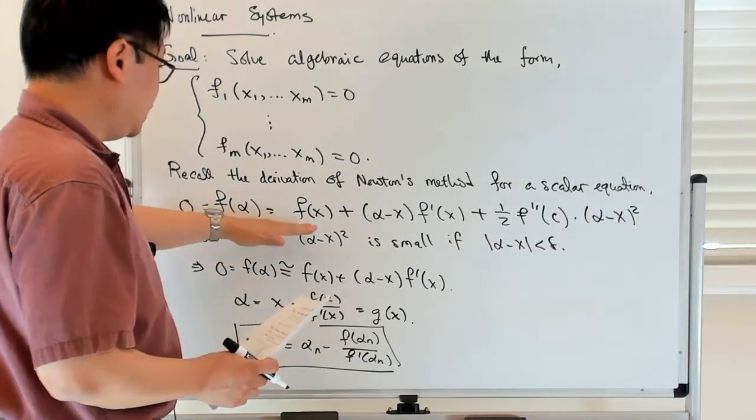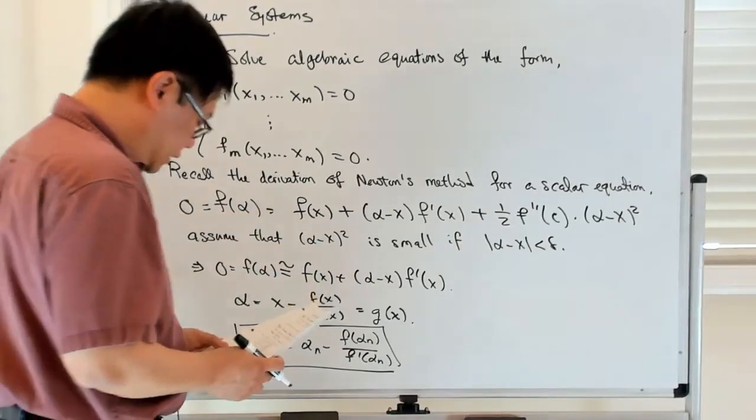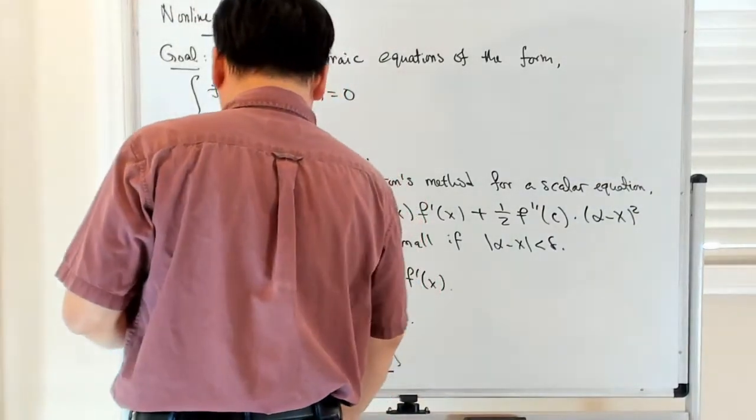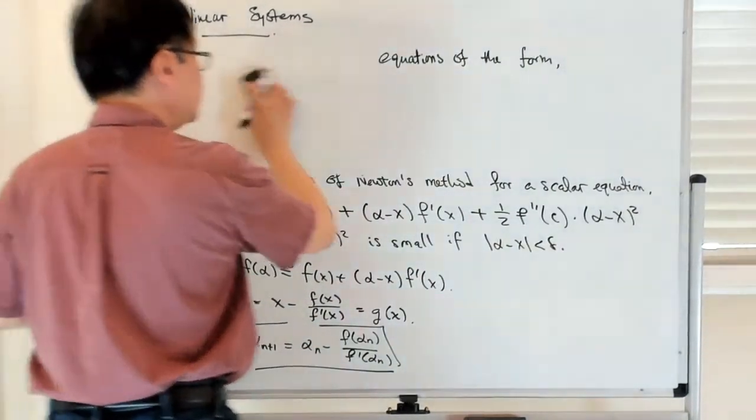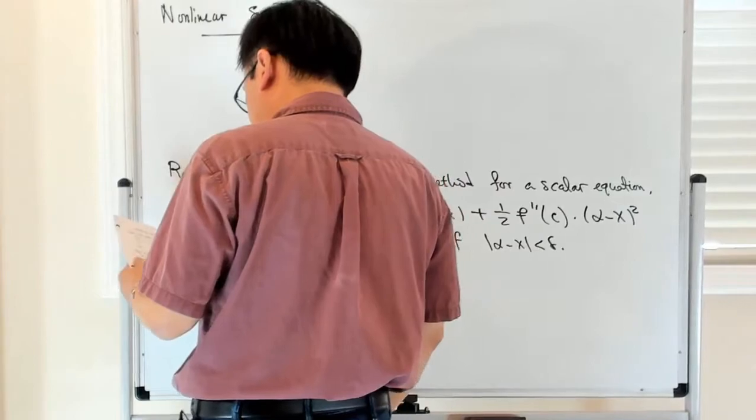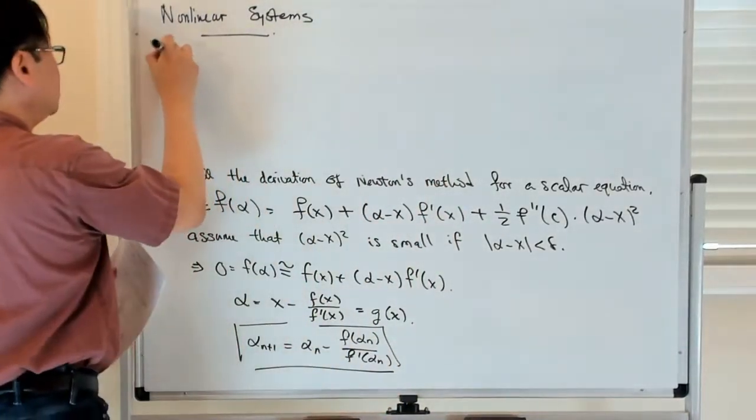All right, so if you want to generalize this approach to systems of algebraic equations, you basically have to generalize this Taylor expansion, at least to leading order. So what does that involve? That involves what is called the Jacobian of that system of equations.